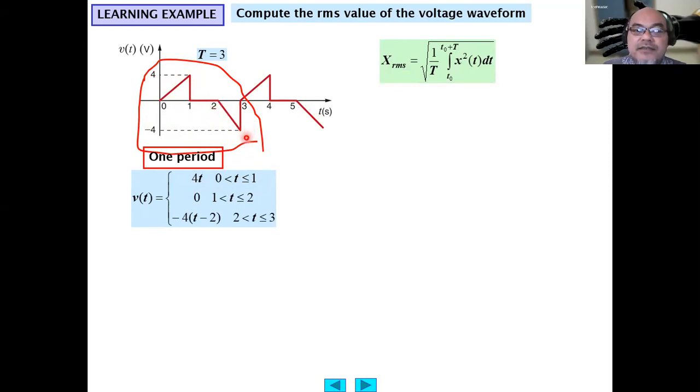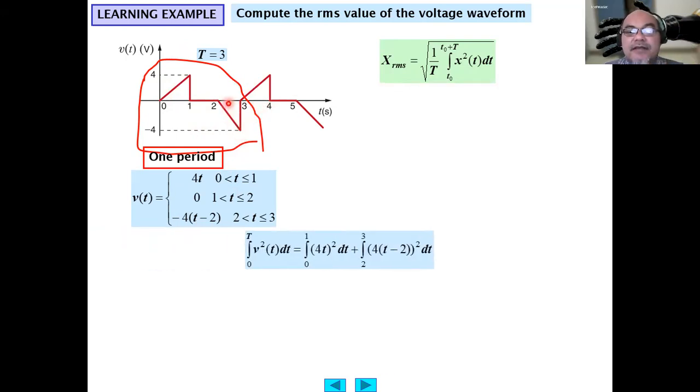From 2 to 3 seconds it equals the negative of this, negative 4t minus 2, because here it intersects the voltage axis at plus 8 volts. But basically it is the same, only with opposite polarity.